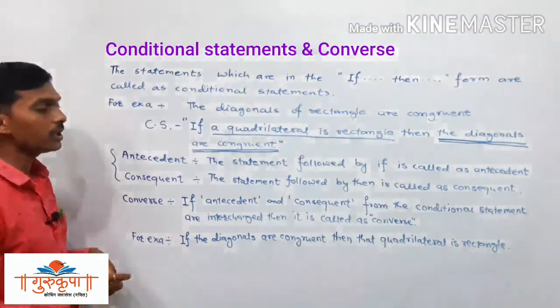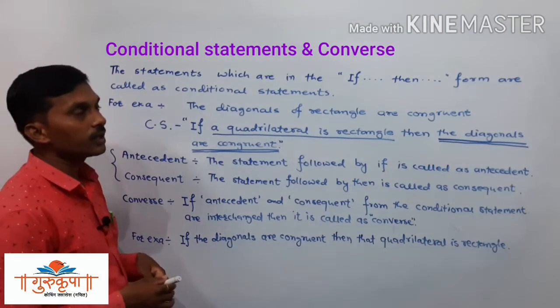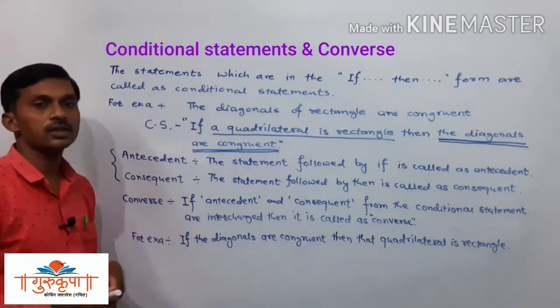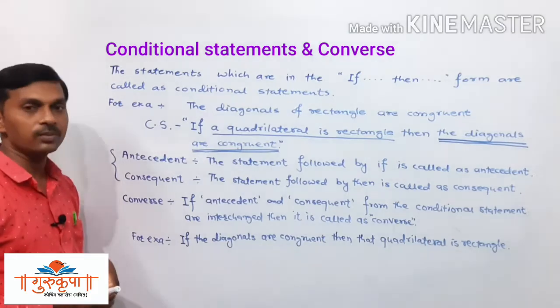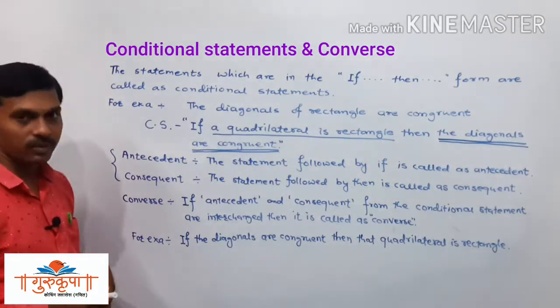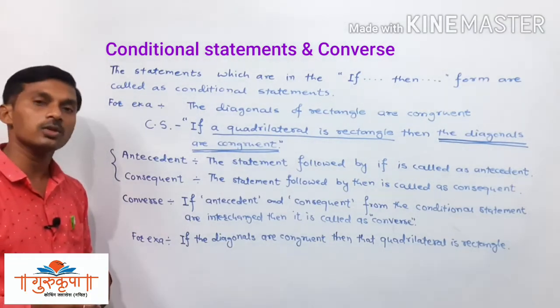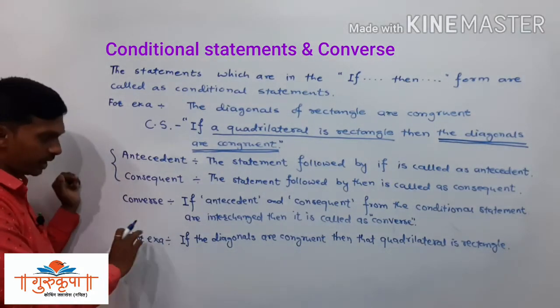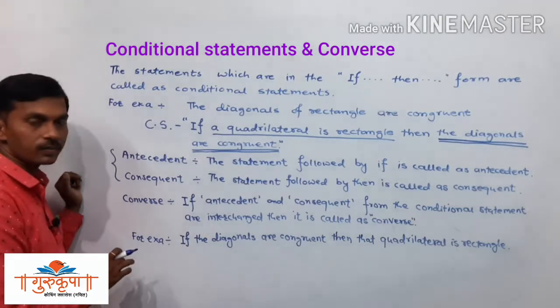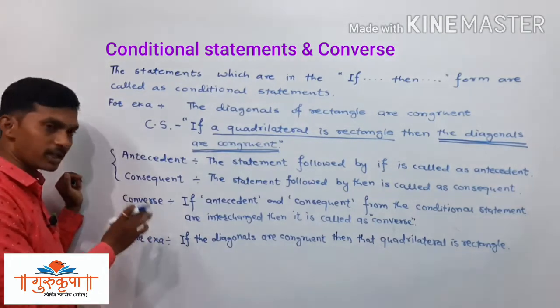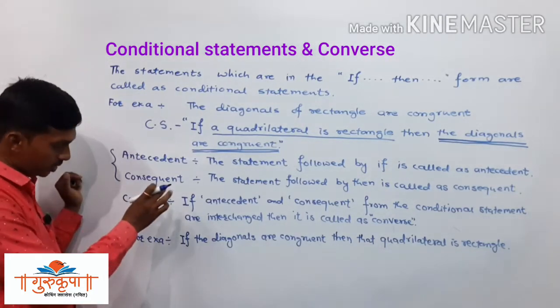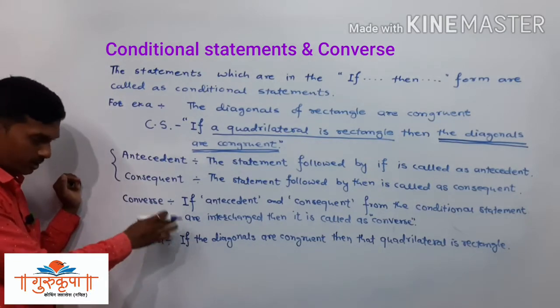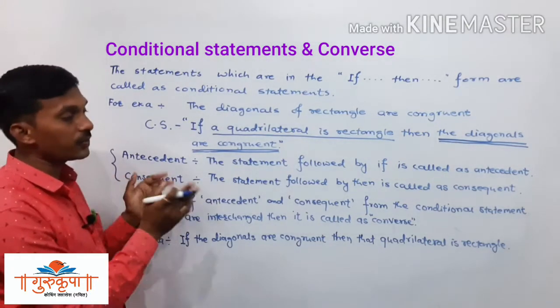For example, we take an example. If a number is prime, then it is even or odd. Why are we taking this example? We are taking that example for the concept which we studied now. What concept did we study here?